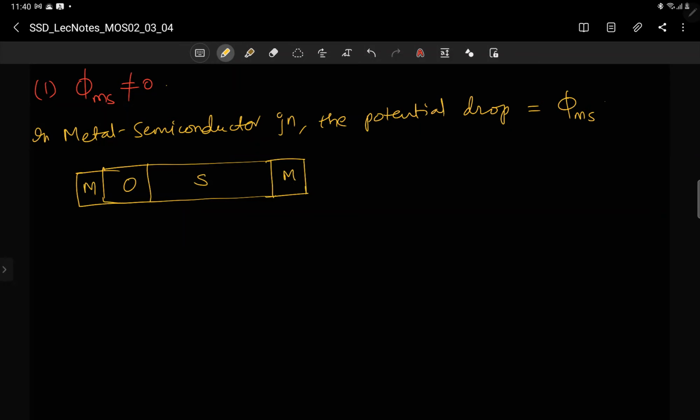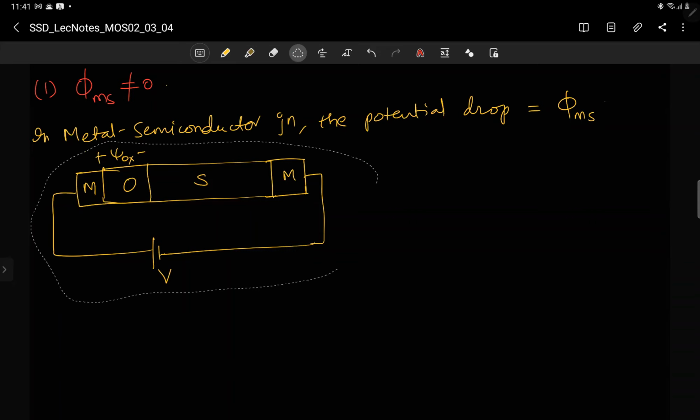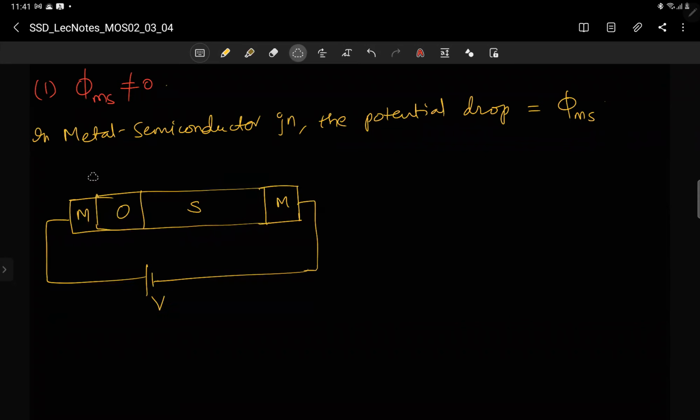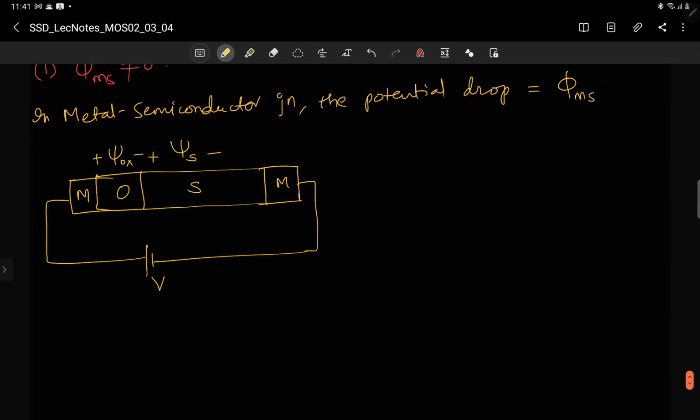Okay, and then you have a battery applied like this, V, and we have seen earlier that drop across oxide is called Psiox, and there is a drop across semiconductor, and that is called Psi S. Now there is a drop across semiconductor metal also.